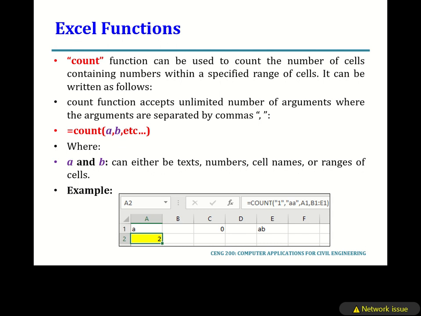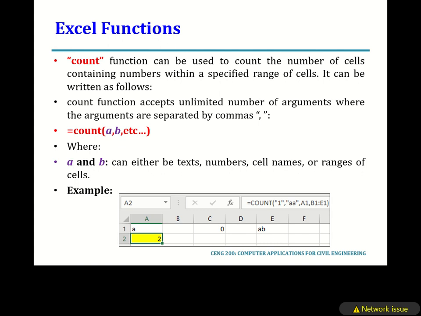But I put 1 here myself. Somebody looks at this, he will say 2 is wrong, right? Somebody looks at the cells, he will say this is wrong. But if you do it, Excel will count 2. 1 here in the function, and 1 here in the cell. So it will count 2. Got it?